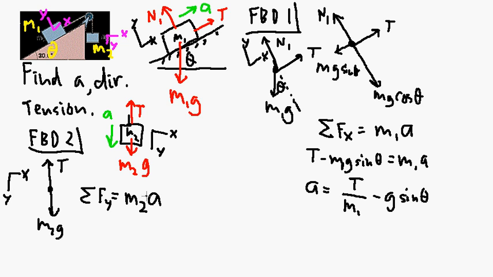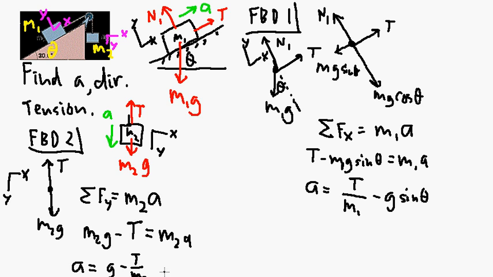So this is going to be M2G minus T, down being positive, up being negative, equals M2A. Let's go ahead and solve this for A. Divide through by M2, and A equals G minus T over M2.